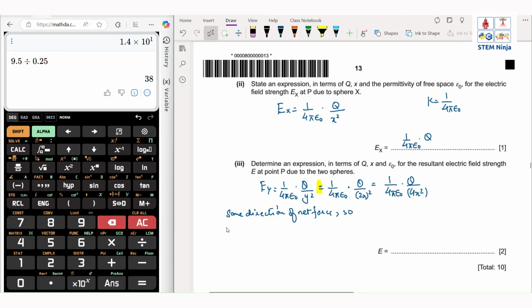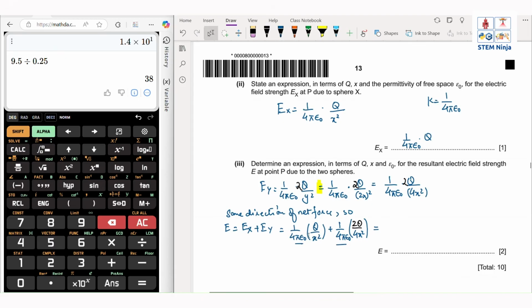So E would be the sum of Ex plus Ey. Therefore, 1 over 4 pi epsilon naught Q over x squared plus 1 over 4 pi epsilon naught 2Q, sorry, my bad, 2Q over 4x squared. So we add this now because 4 pi epsilon naught is the same.